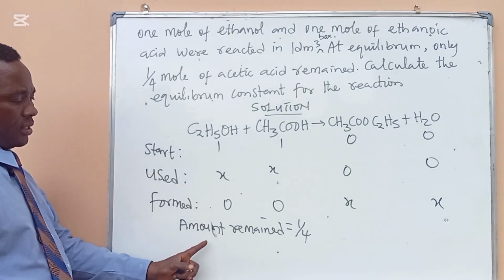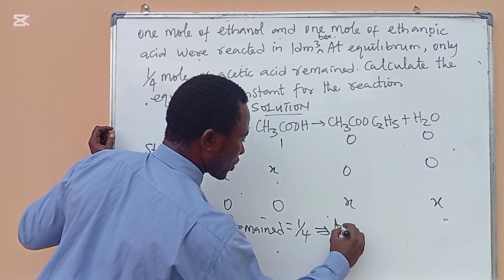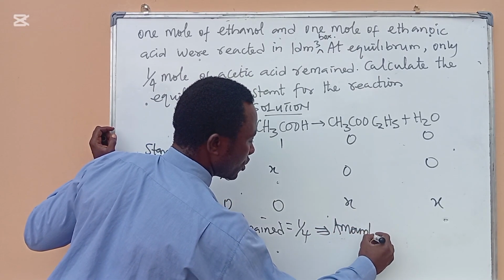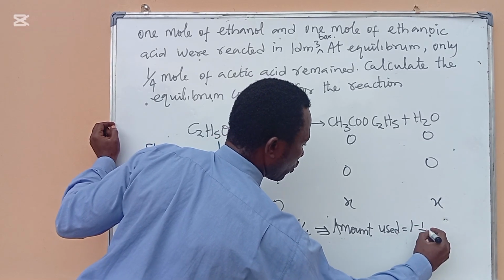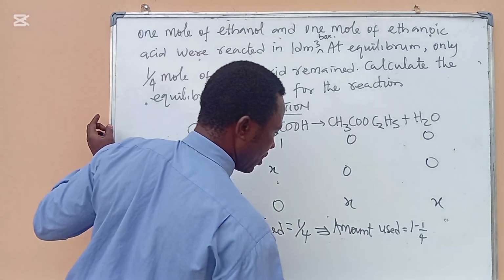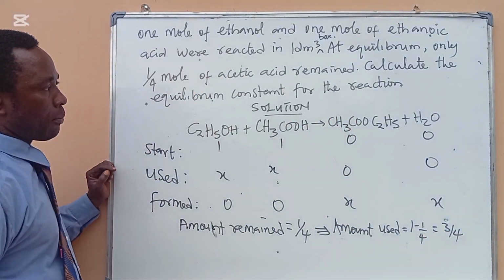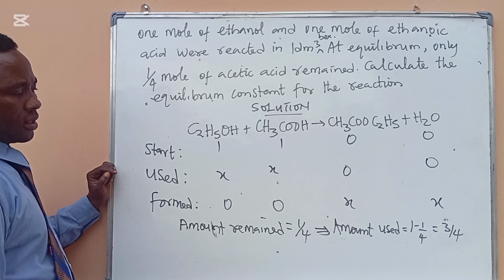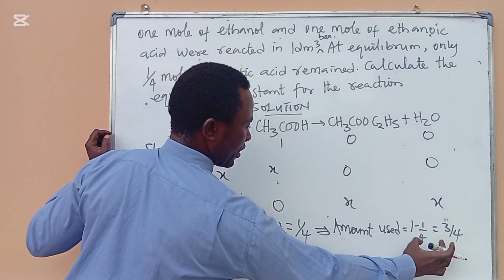If the amount remaining is 1/4, it simply means that the amount used should be equal to 1 minus 1/4. So 1 minus 1/4 will give me 3/4. So the 3/4 is the amount that will be used.